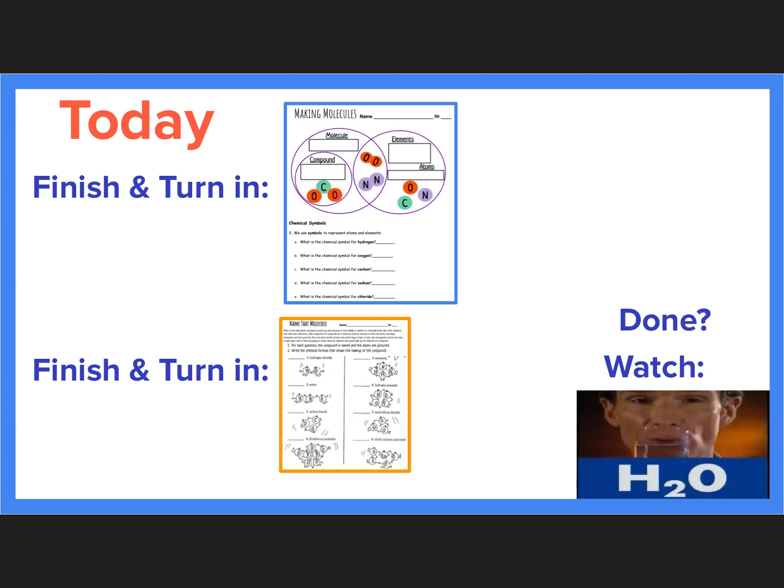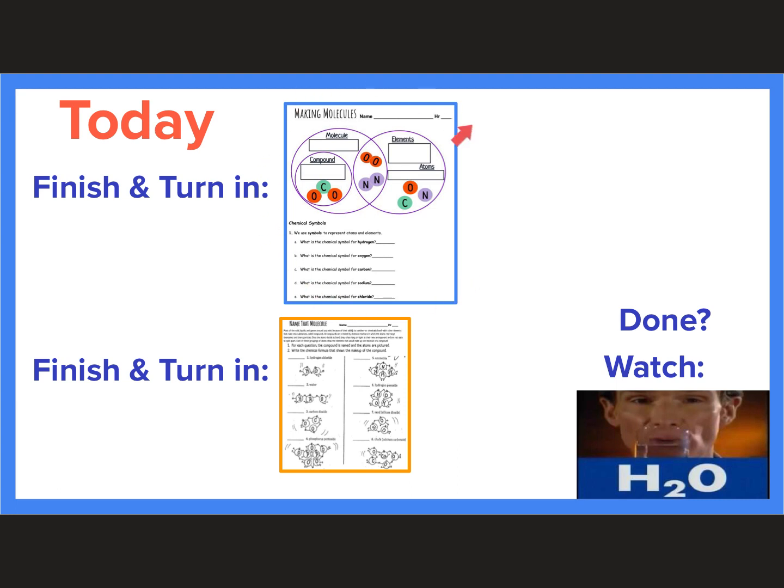So today, what I want us to be completing is the packet that we started yesterday. This is on making and building molecules. We took some notes yesterday on this front part, and then we also identified some chemical symbols. And then the latter half of yesterday, we got a chance to explore the PhET simulation, where we're building different molecules and naming them.